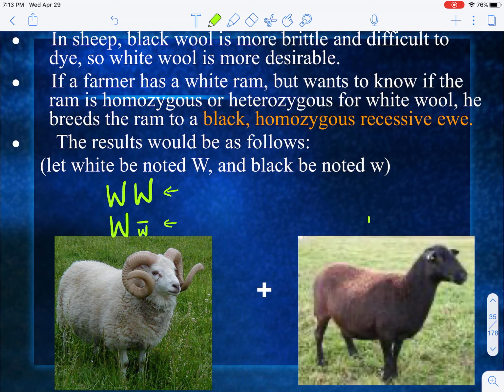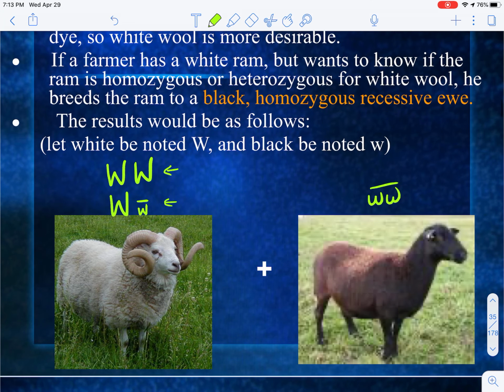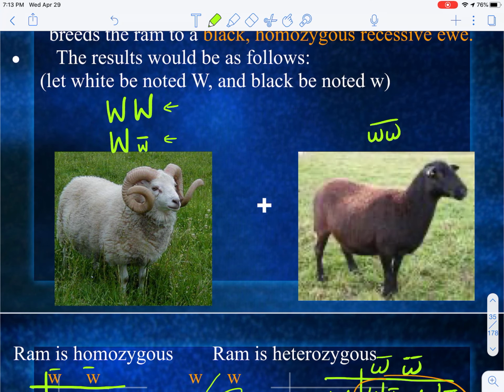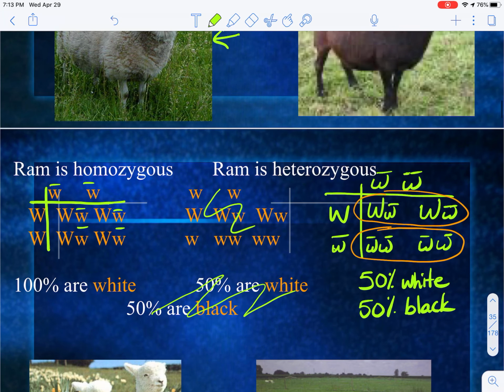So this is a homozygous dominant white sheep. The possibility looking at the sheep is that it may be carrying a recessive gene for black. This little black sheep is the one we're going to cross it with, and that way we can tell what the gene of this one is.